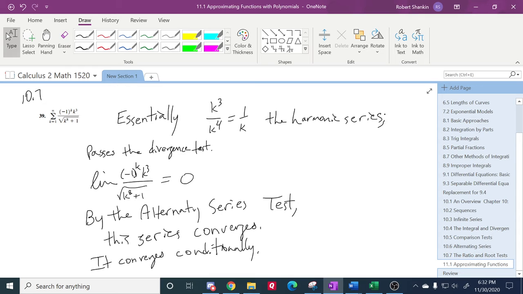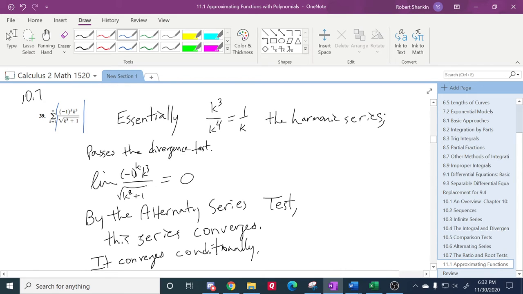So if we do that, it will become convergent, but I don't understand why you write conditionally. Okay, conditionally means the other way that it can converge is absolutely. And it would only converge absolutely if the absolute value of that also converges. Yeah. And so do we need to test the absolute value too?